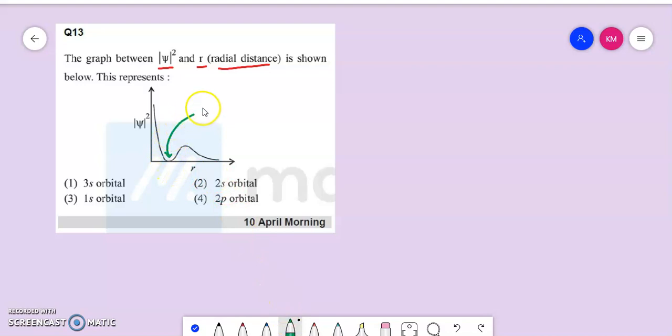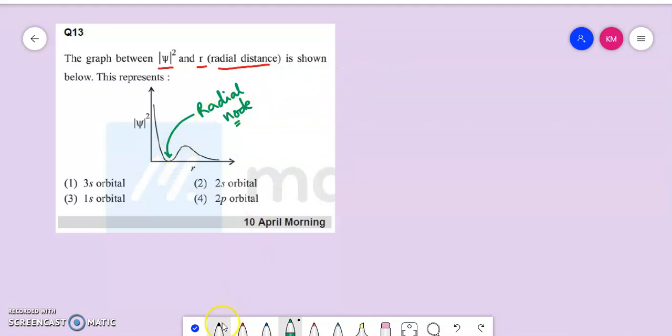This is a radial node, and only one node is present. What is a node? The region in which the probability of finding an electron is minimum, equal to 0 or very less. So in this region you cannot find the electron; the electron density is very less.